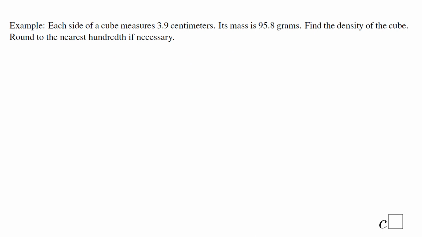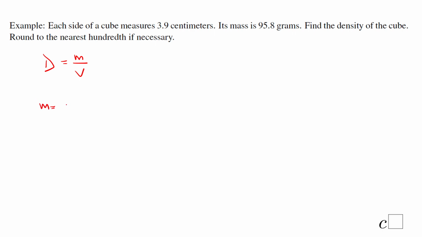In my second example here, you will see it's very similar. We have a cube that each side measures 3.9 centimeters and its mass is 95.8 grams. We need to find the density. So again, what do we do here? Density equals M over V. M stands for the mass. We have it, 95.8 grams.